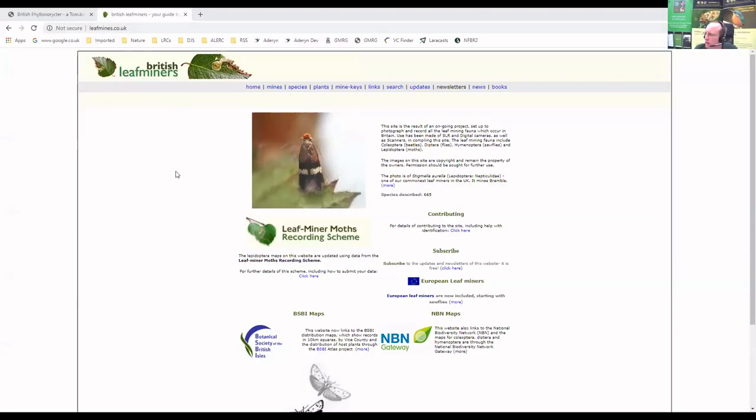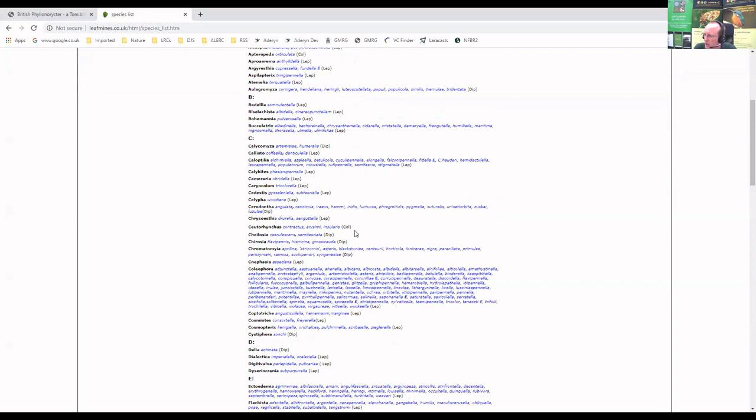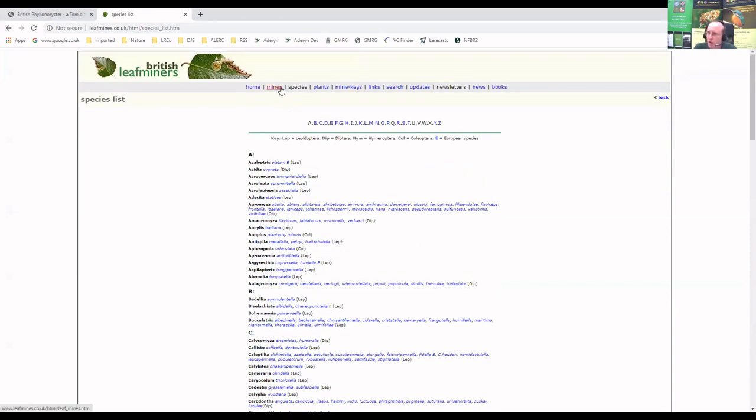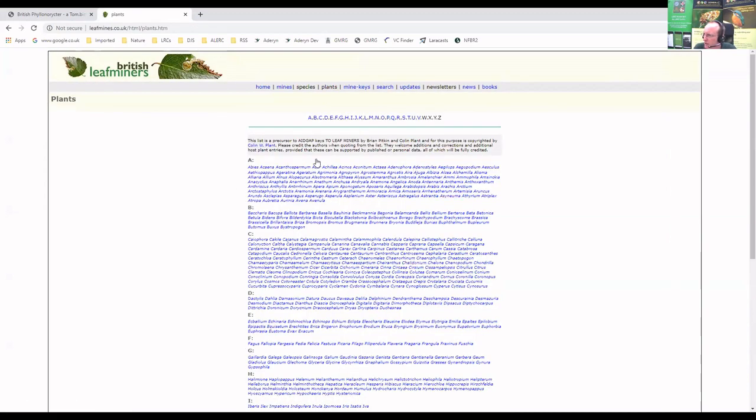It's a fantastic resource for leaf mines, and it doesn't just do leps. It covers all insect leaf miners, because flies, beetles, all sorts of other things do create leaf mines. And if you know the plant species that you're looking at, you can go to the plant key and it will take you.